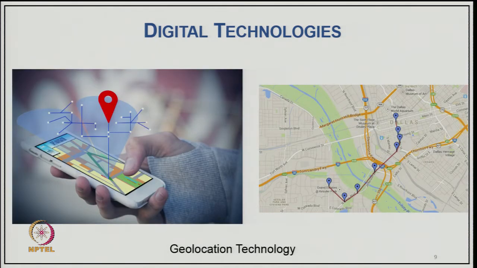Then geolocation technology, from which you can put a location with the mobile. You can look into the location and even predict distances and many things. It is used virtually for many purposes, and it is also an outcome of digital technology.